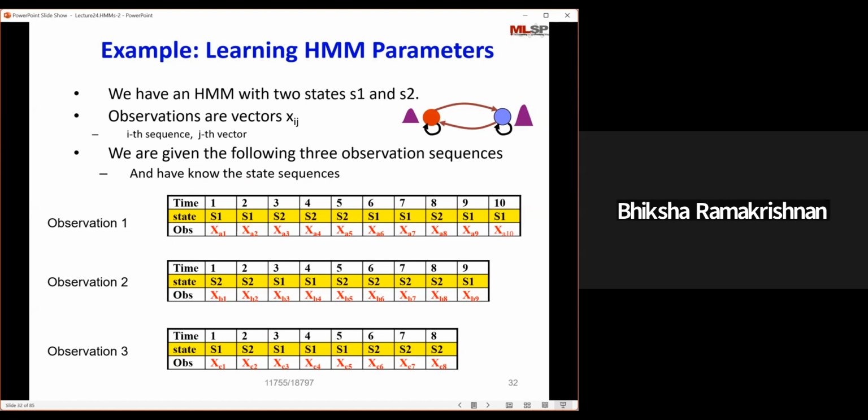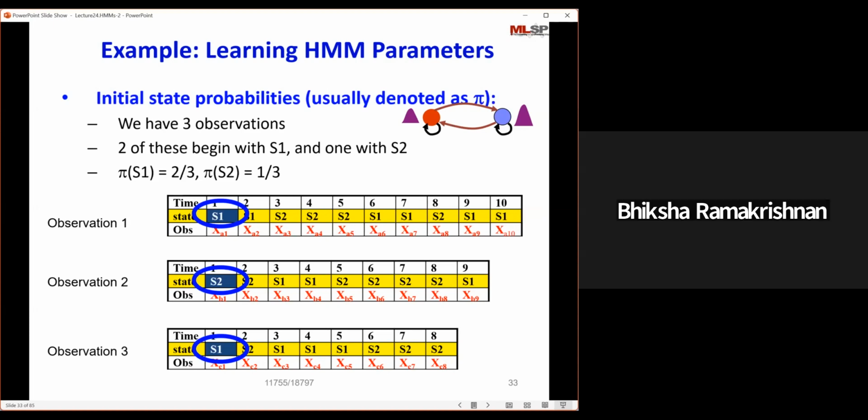Okay. Right? So given this now, if I had to tell you what is your best guess for the initial state probabilities for the HMM. Now let's look at the first time instant. In the 3 observation sequences that I've got, in the very first time instant, in 2 of these observations, it was an S1. In 1 of the observations, it was an S2.